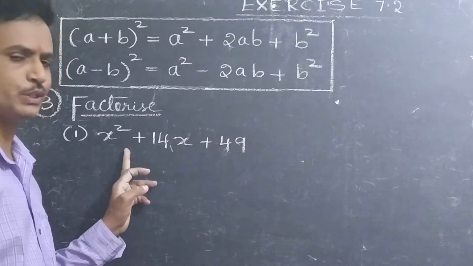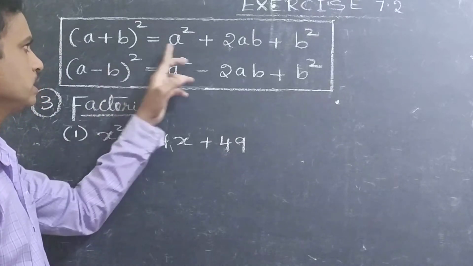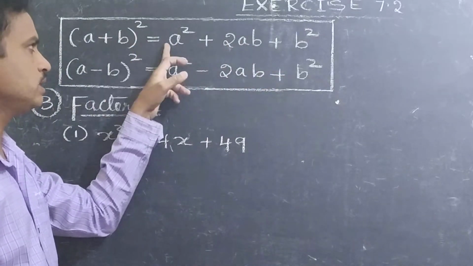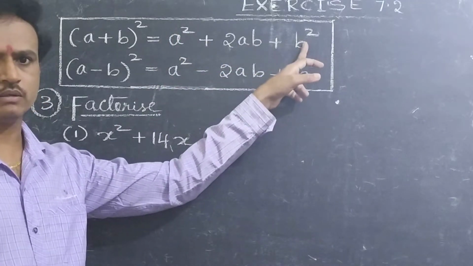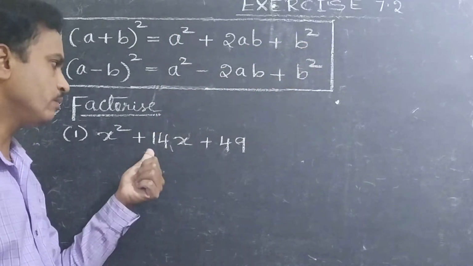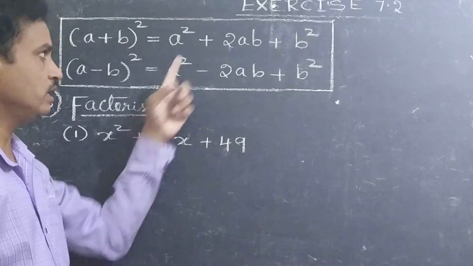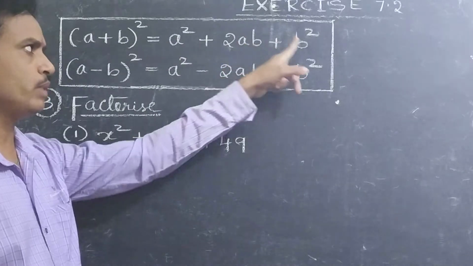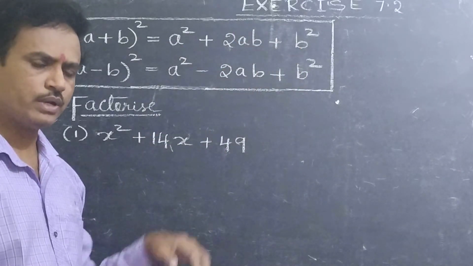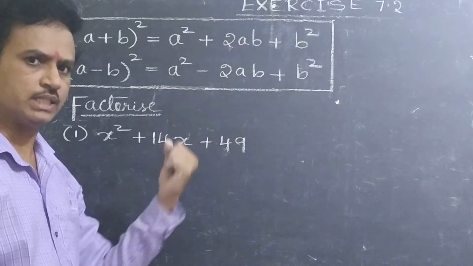All are positive. So in the first identity, a square plus 2ab plus b square, that means the given question is in this form. How is it in this form? Let us see.